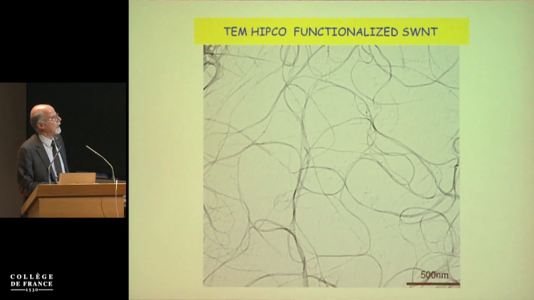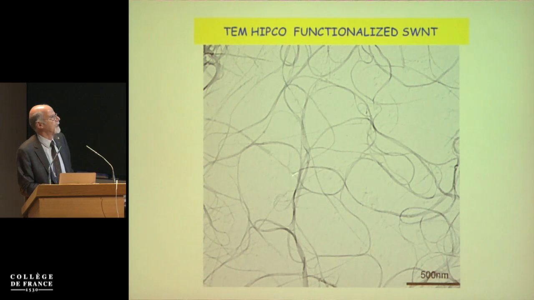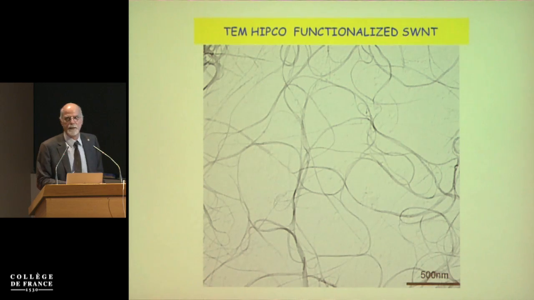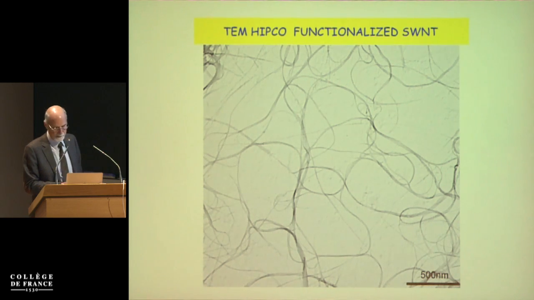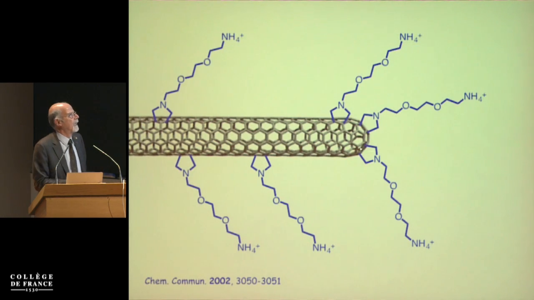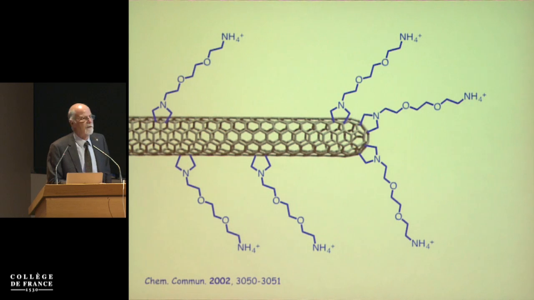The electron microscopy of the functionalized carbon nanotubes shows that the nanotubes now are much more individualized. So we can see individual carbon nanotubes here and there, and they are much cleaner than the starting material. We can play with organic chemistry, and we can place ammonium salts on carbon nanotubes.